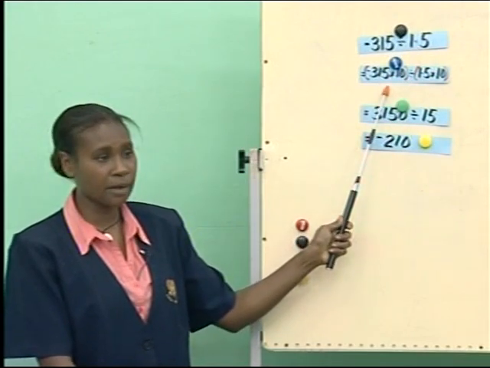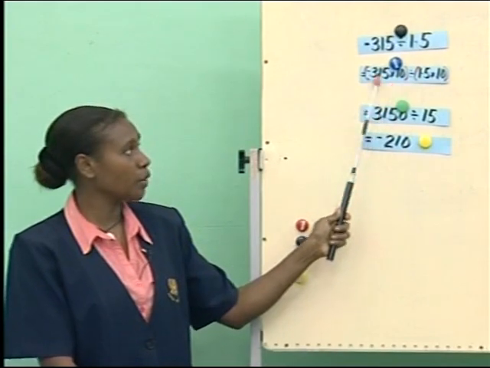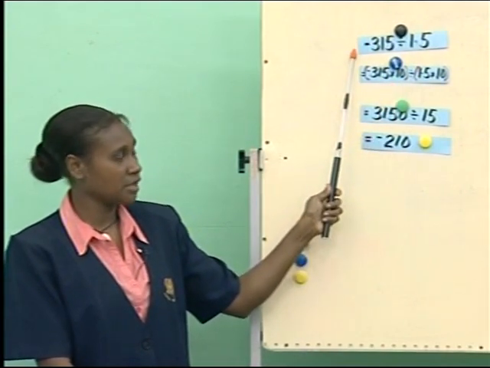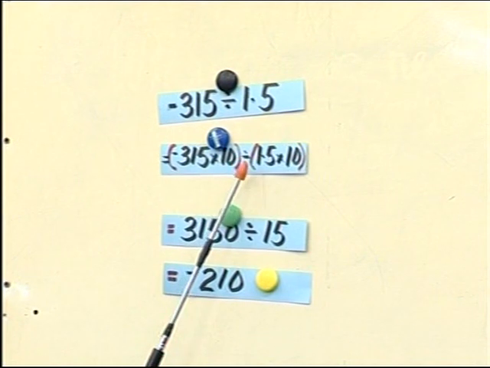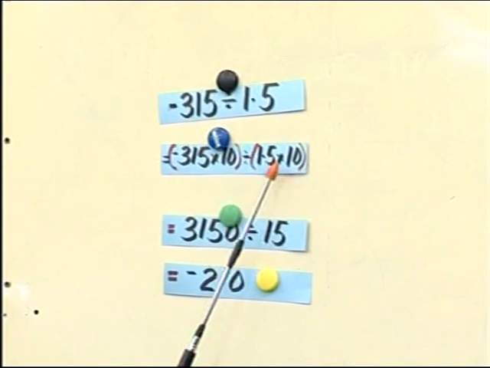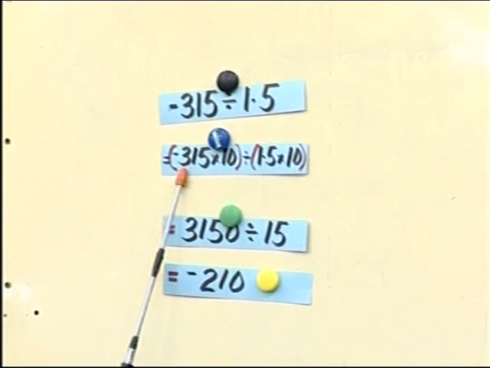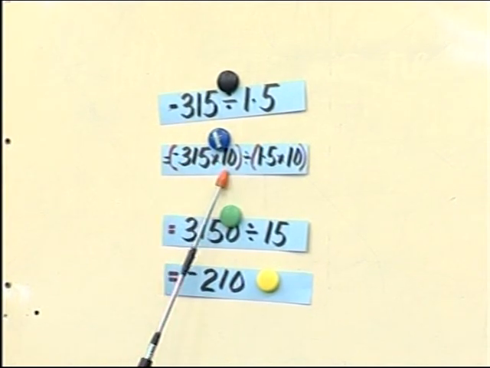This is the second step that we will take when we are doing this calculation. When we multiply the divisor by 10, the same number that you used to multiply the divisor with, for example here in this case it is 10, must apply to the first number also. 315 must be multiplied by 10 also.